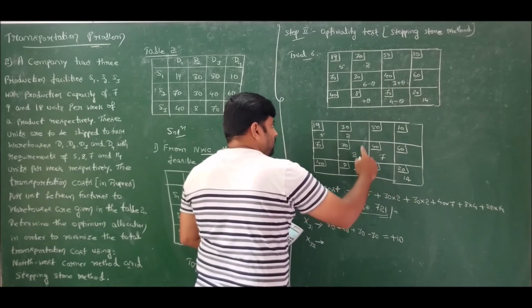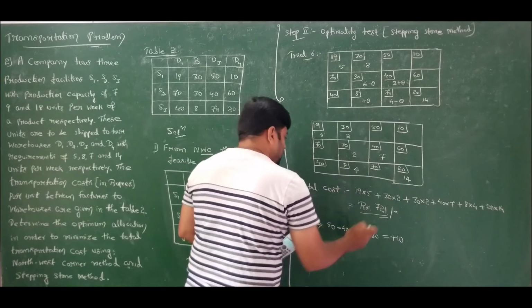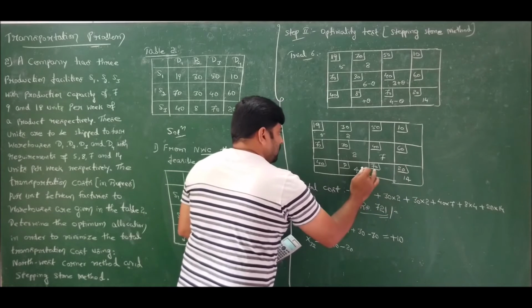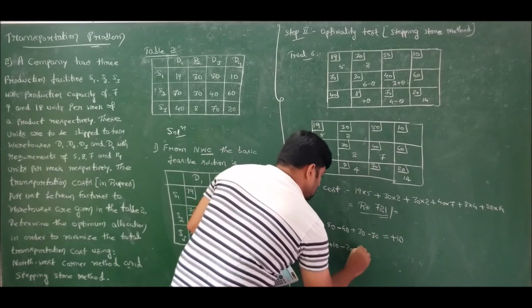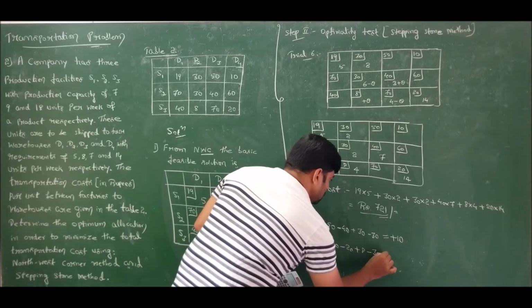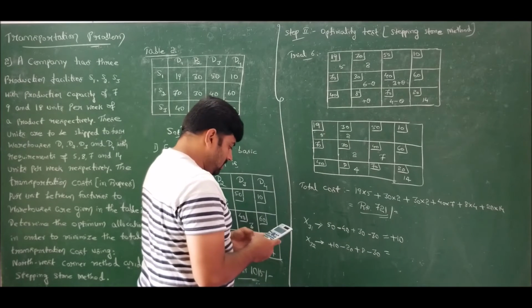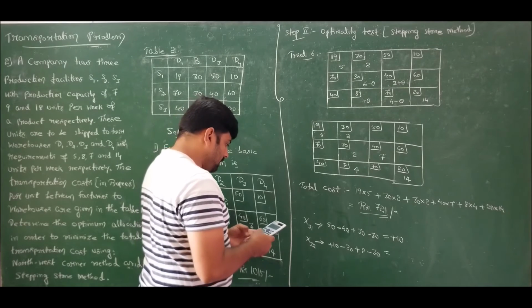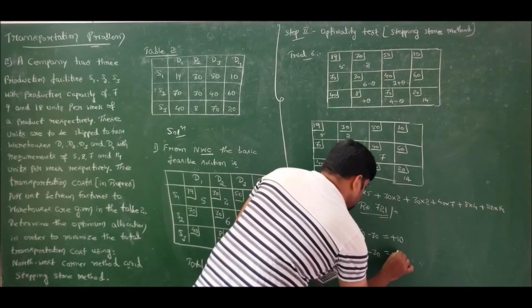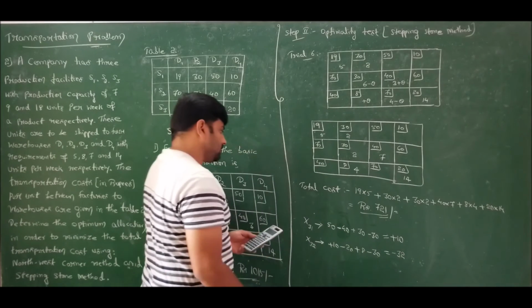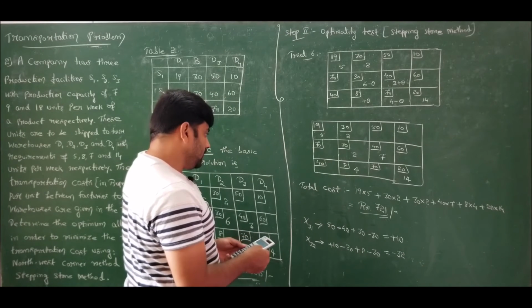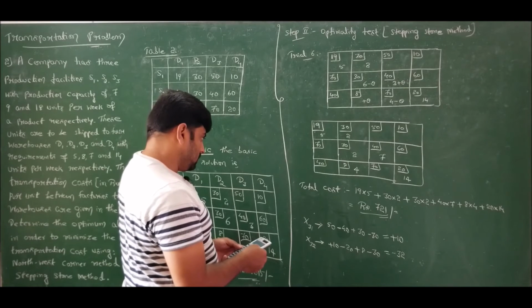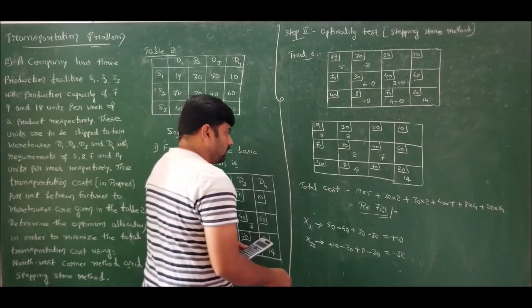So therefore it will be plus 10 minus 20 plus 8 minus 30, that is minus 32. We got one more negative.